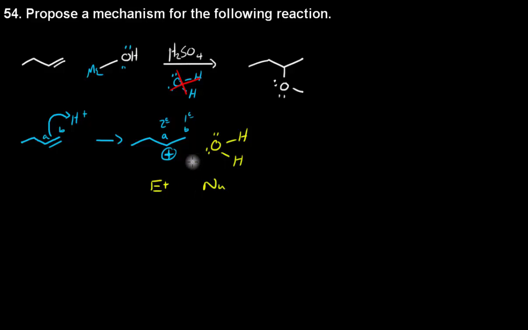So the nucleophile will attack the electrophile, so electrons start on the nucleophile, and they will stop on the position that is electron deficient. That's obviously going to be the carbocation. Okay, so now at this point we've added our oxygen to the carbocation, and we're actually almost home free.